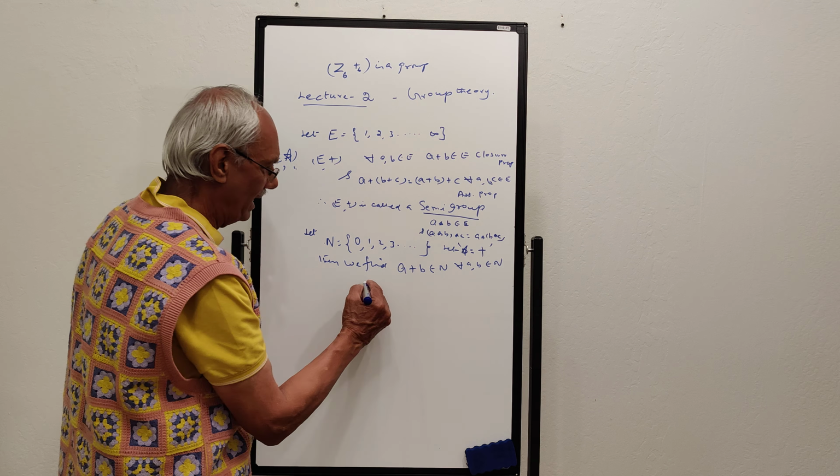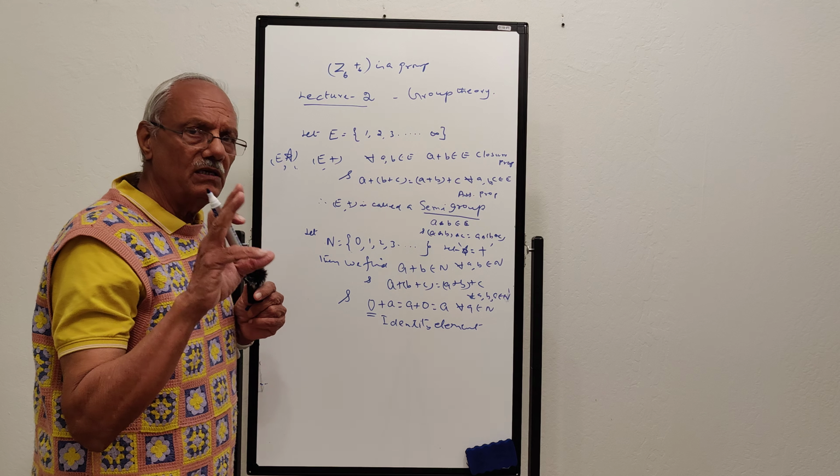So what is an identity element? An identity element is one which, when operated with any element in the set, must result in the same element. For example, 0 is the identity element here. Therefore 0 plus any element will be equal to a, and the identity element has been established.